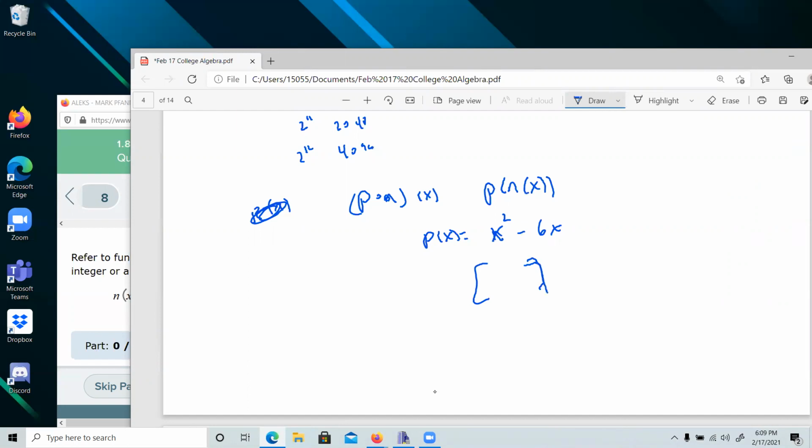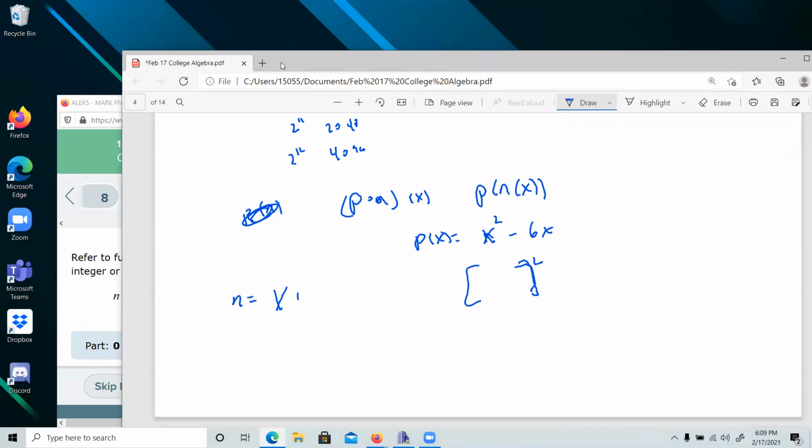What number would you like to square? Well, n, right? What does n say to do? n says take a number and add 8 to it, minus 6 times that number. What number would you like to square? Well, x plus 8, of course. And then subtracting 6 times x plus 8.